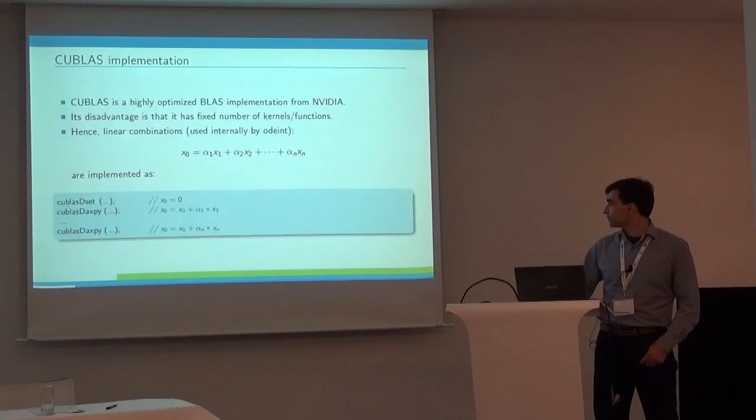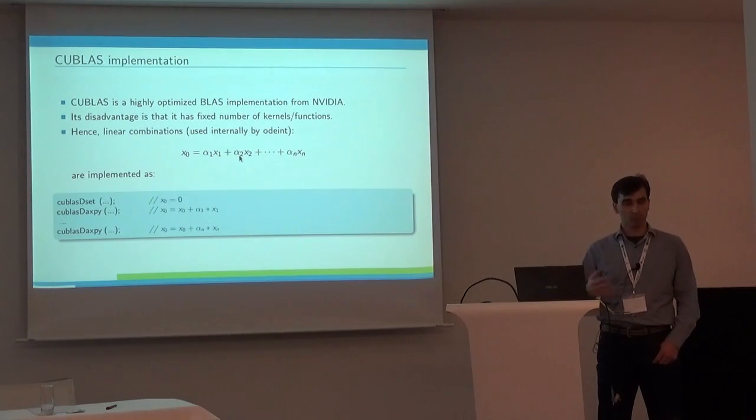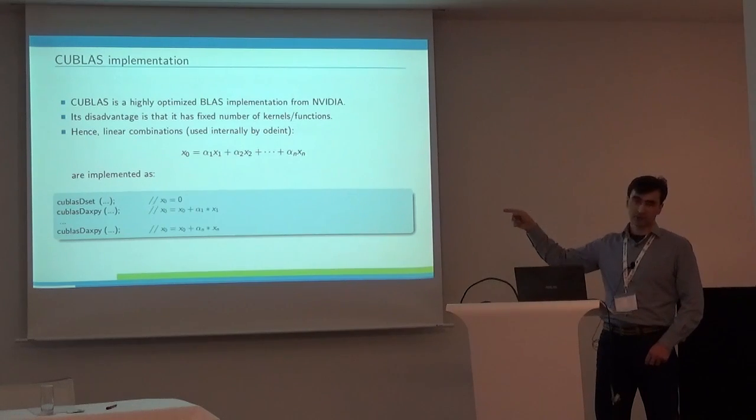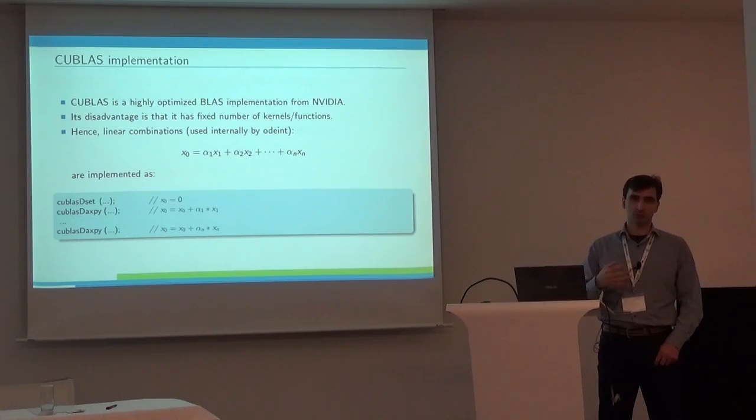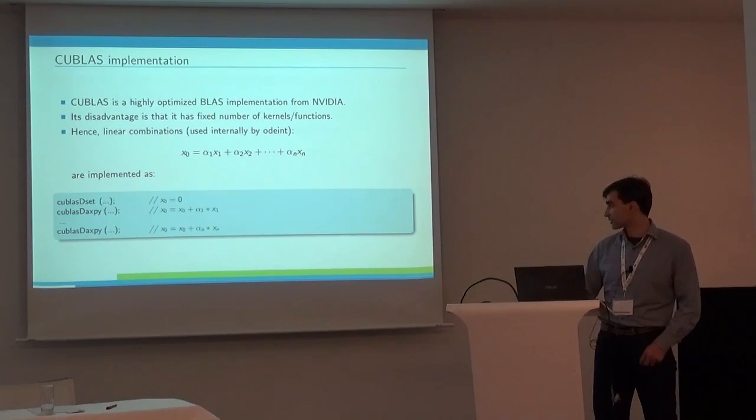You just fused your linear combinations into a single kernel, but Boost odeint internally uses several such linear combinations. So, for example, fourth order Runge-Kutta algorithm uses 4 intermediate steps that are encoded as these combinations. So each time you have to again store these intermediate results into global memory, and again, this is slow.